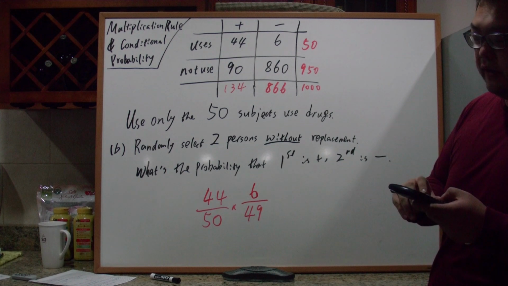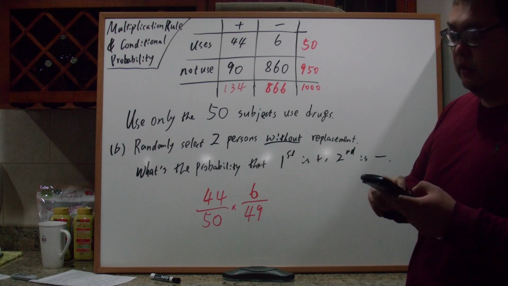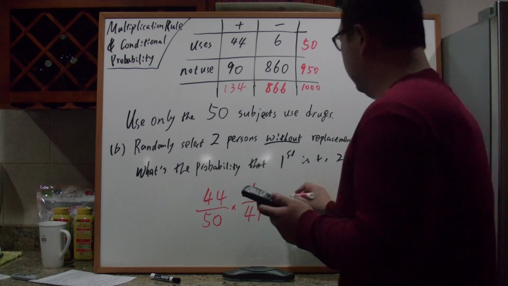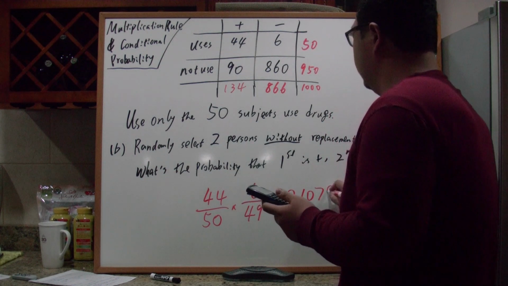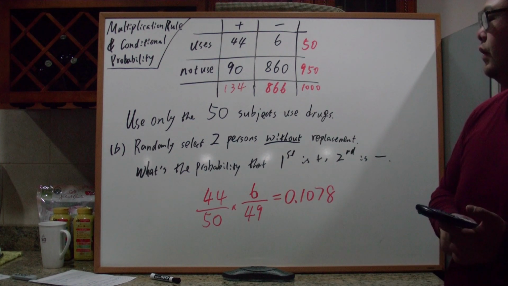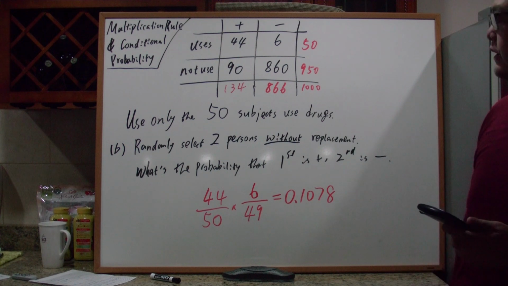If you use a calculator to convert it to decimal, it's also fine. That is 0.10775 or 0.1078. Usually, keeping 4 decimal digits will be appropriate.